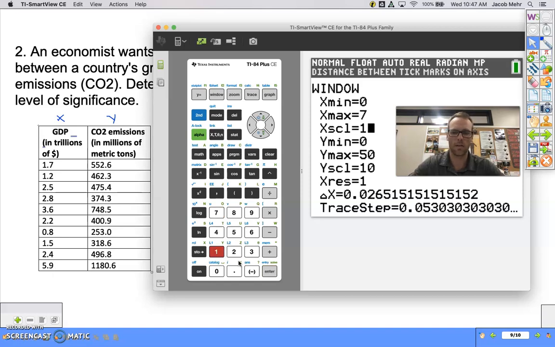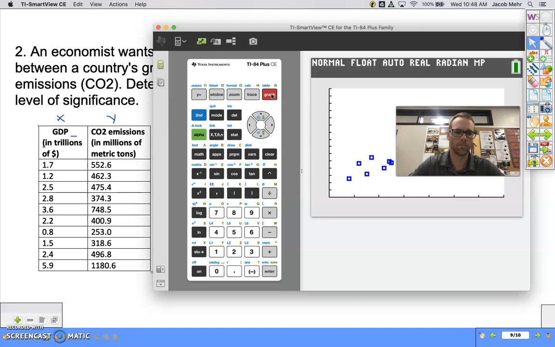Let's go by ones. Our CO2 emissions in millions of metric tons are ranging from 253 up to almost 1,200. Let's go 0 to 1,500. There we go. And let's go by 100s. And let's hit graph.